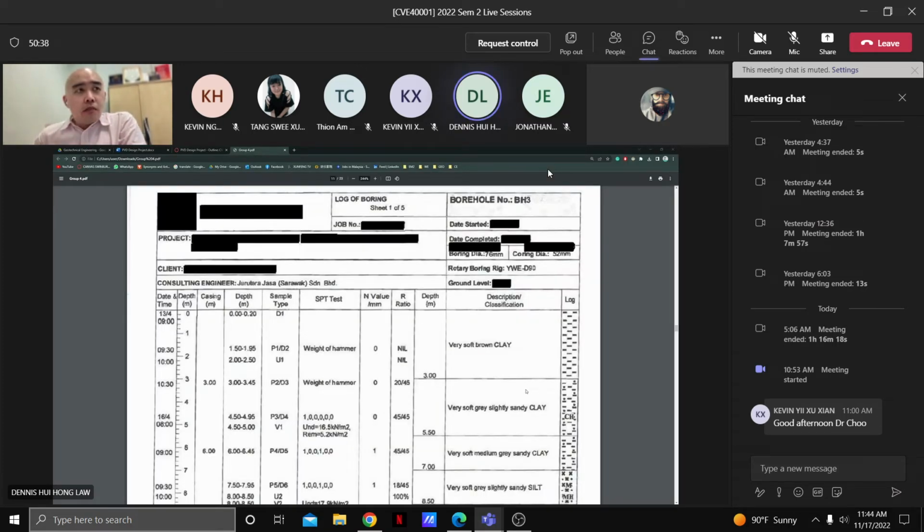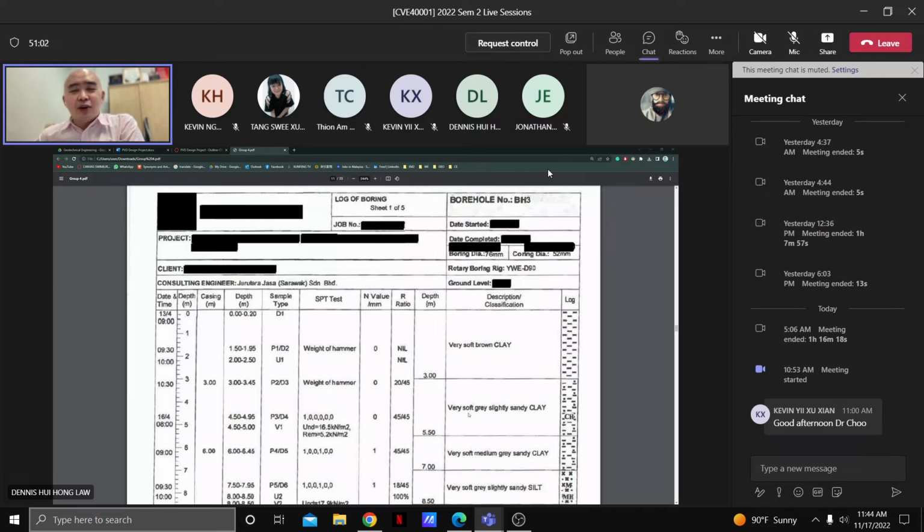Just now you said that the important one is whether it's soft or dense or firm or hard. So can I just combine this very soft brown clay and very soft gray, slightly sandy clay together into very soft clay? Yes, you can.